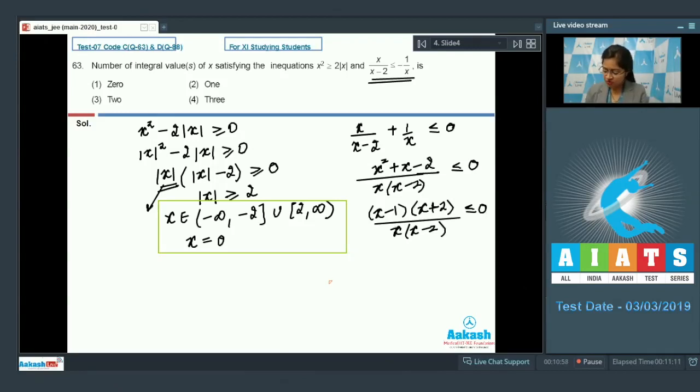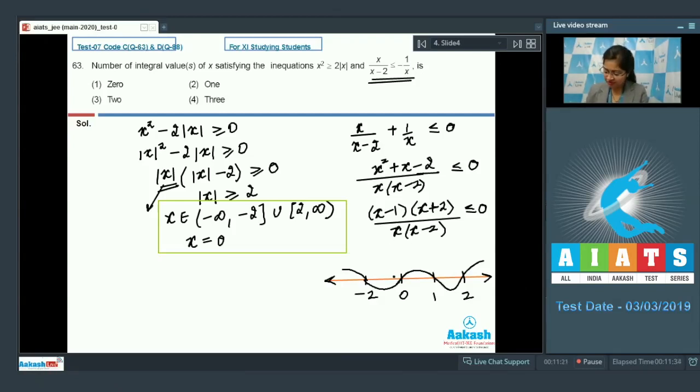Now let us draw the number line where the points are minus 2, 0, 1 and 2, right? Now the graph will be something like this. We have to find the points where the function is negative.